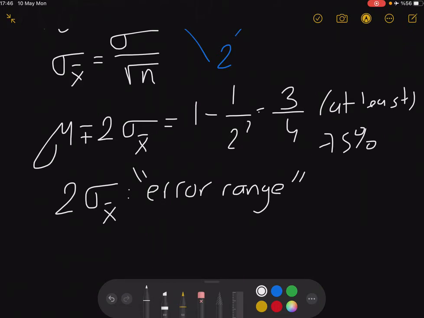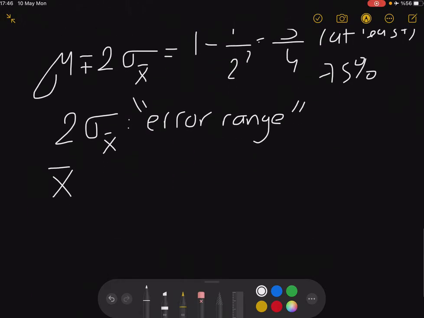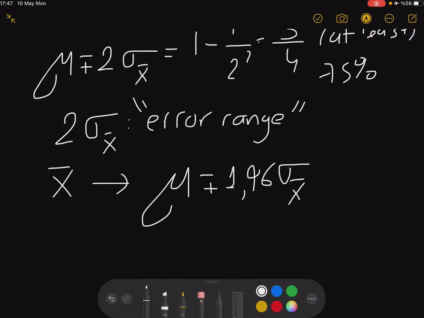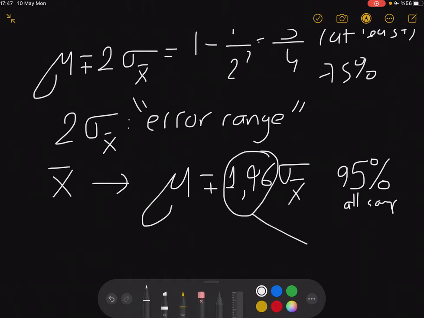So if your x shows normal distribution, there is also another thing: your mu can fall in this range, and this will cover 95% of all sample means here. Many people practically take this one as well. But this is called the empirical rule.